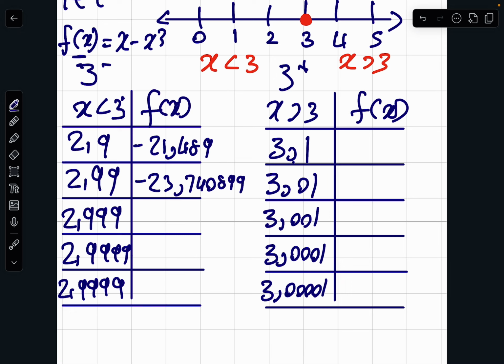You have negative 23.740899. So another one, you substitute 2.999. Therefore, you have negative 23.974009. Therefore, you substitute 2.9999, which is negative 23.9974. Understand?